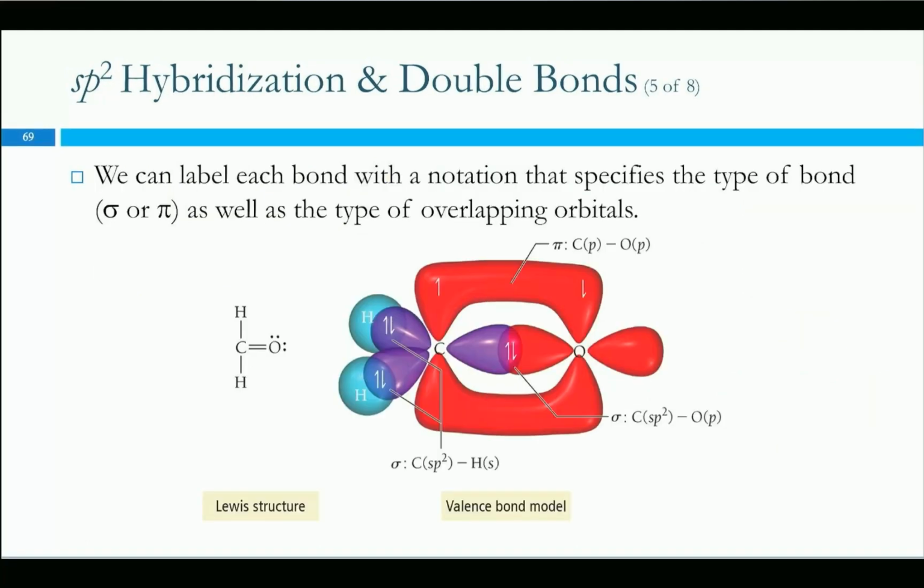Then the notation used to mark what type each bond is: for these sigma bonds, we have carbon using an sp2 orbital to form a bond with hydrogen's s orbital.